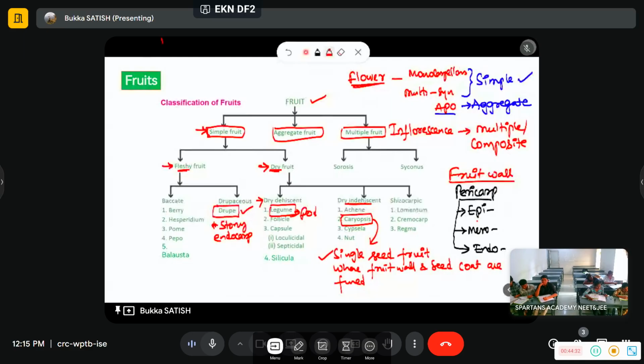For example, maize, wheat, rice, all these are actually fruits. One maize grain is one fruit. If you see a maize grain, which one is fruit wall, which one is seed coat, you cannot tell because both are thin and fused with each other. Such kind of fruit is what we call caryopsis.